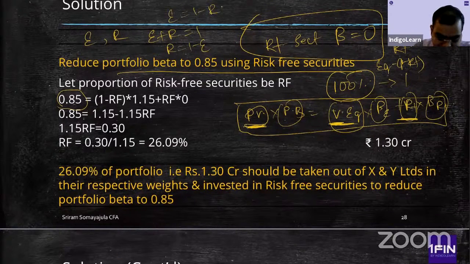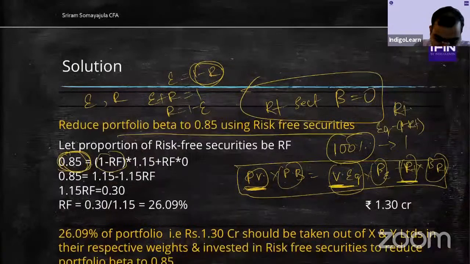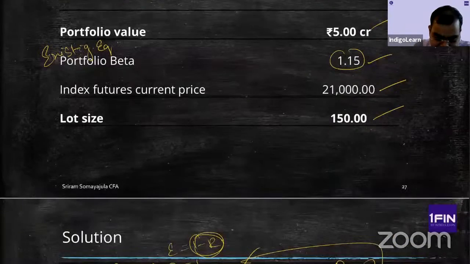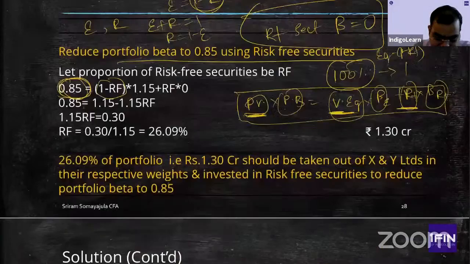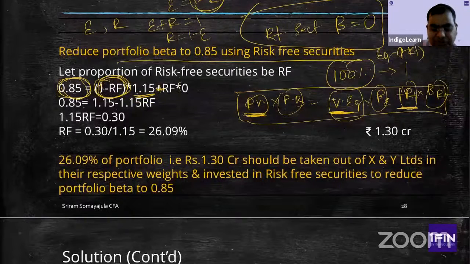So what we have done here is portfolio beta of 0.85 is equal to 1 minus risk-free, into 1.15. Why 1.15? 1.15 is the existing equity portfolio beta. So existing equity is 1 minus RF, that is the weight of equity shares, multiplied by 1.15, and risk-free asset has a beta of 0.